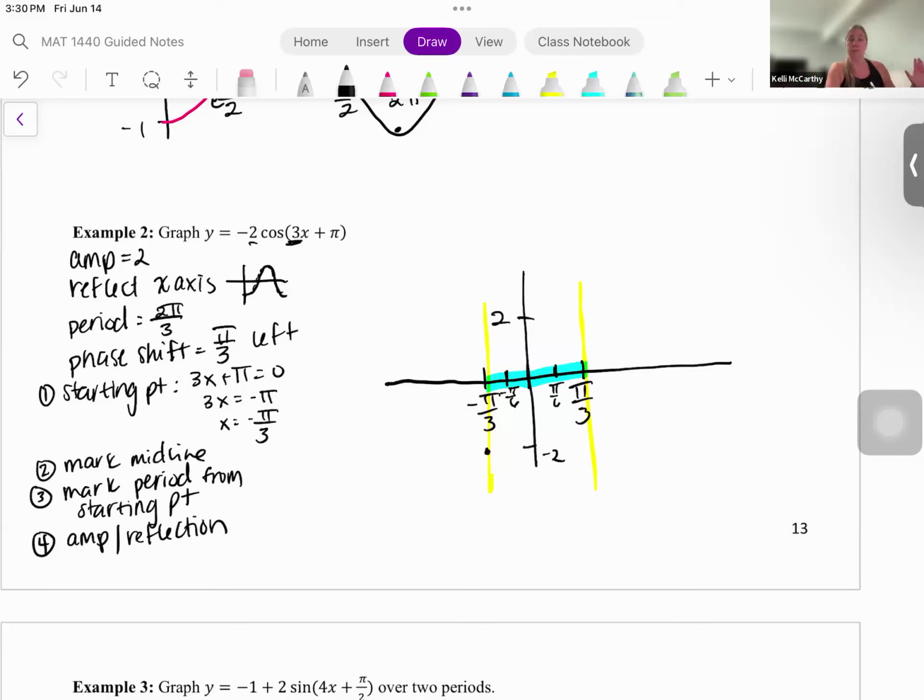Our cosine parent function starts at the max and then goes down. We're going to start at the minimum, go to the midline, go to our maximum, midline, minimum. And it's still pretty condensed, but that's how we would graph that function y equals negative 2 cosine of 3x plus pi.